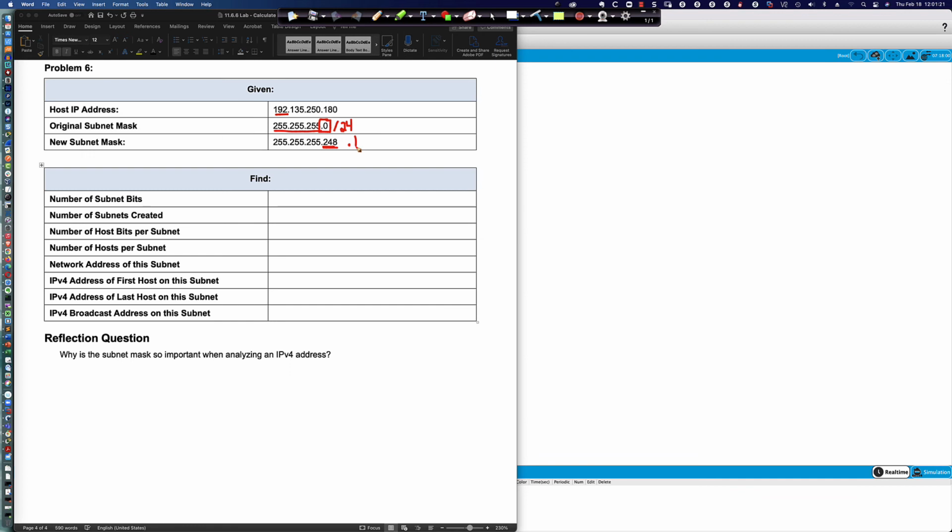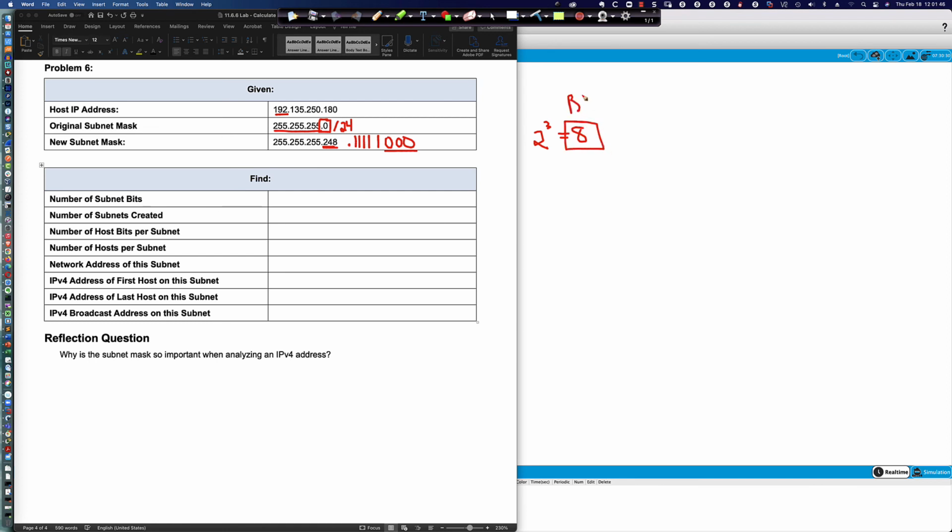Well, it would be 128 plus 64 is 192, plus 32 is 224, plus 16 is 240, plus 8 is 248. And then that would mean my last 3 bits, right? So I know right now 2 to the 3 is equal to 8. And there is my block size, right?